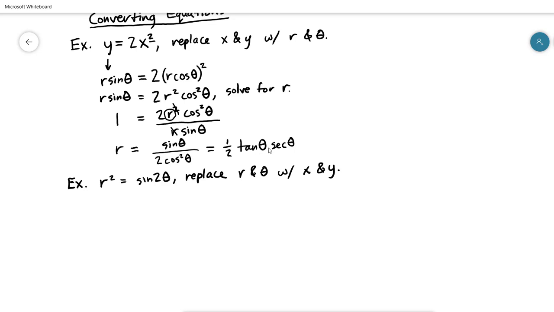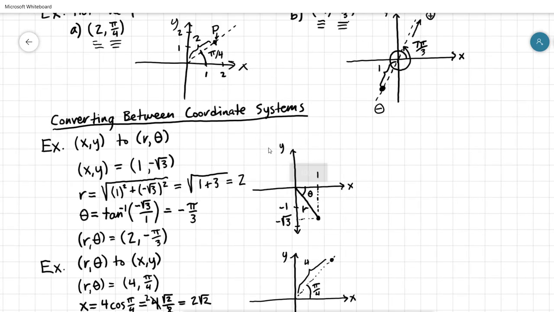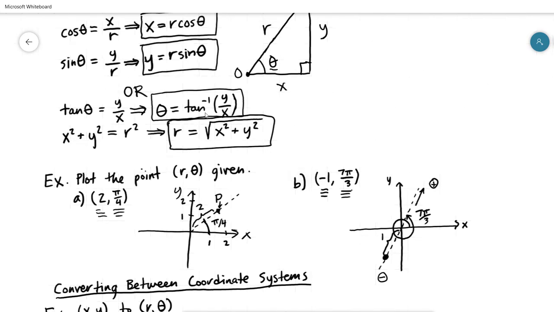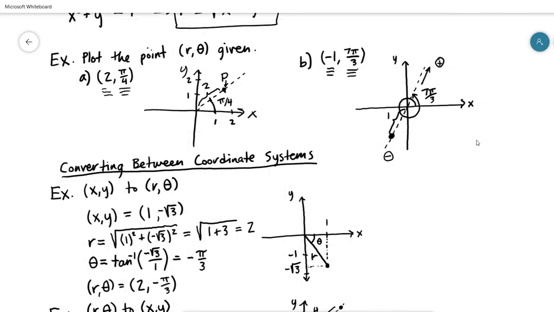This is a little bit trickier. We're going to be using these two equations more wherever possible. But again, I want to avoid using this one as much as possible. I do not want to be taking trig functions of theta where I have to write theta as the inverse tangent of y over x. So I'm going to try to avoid that whenever possible.